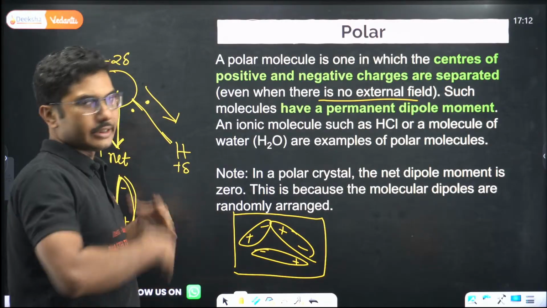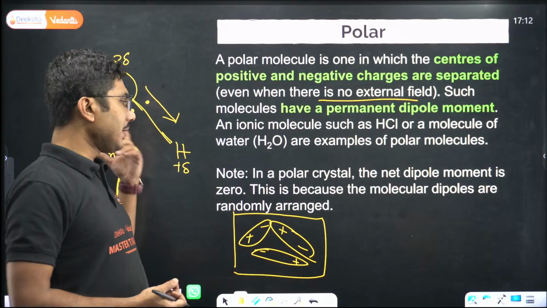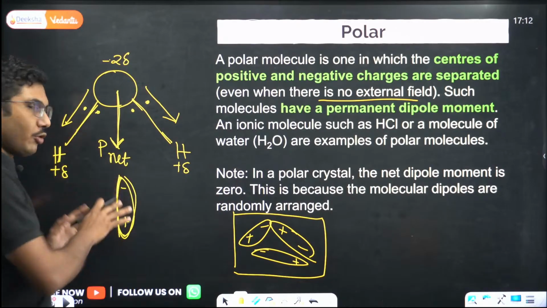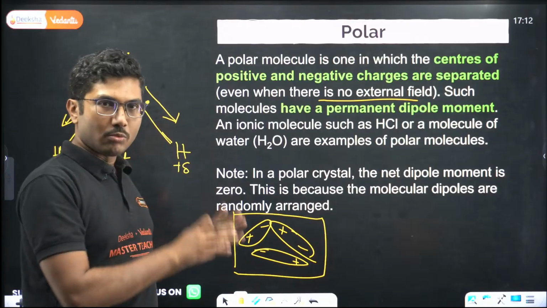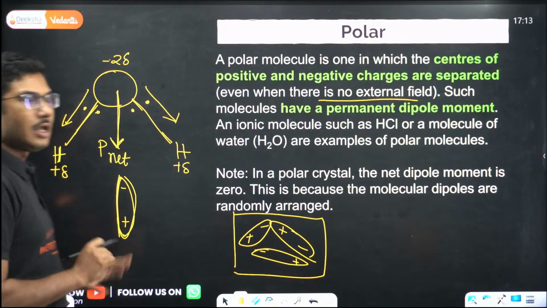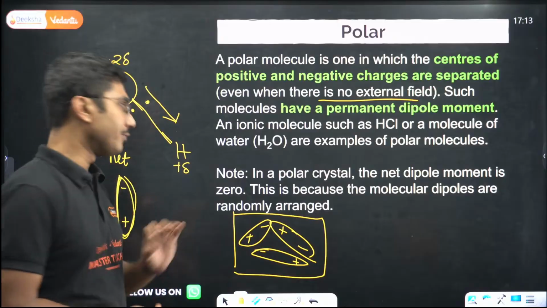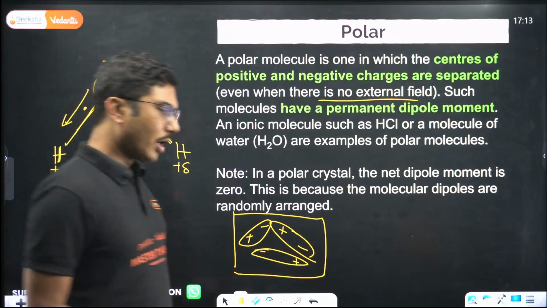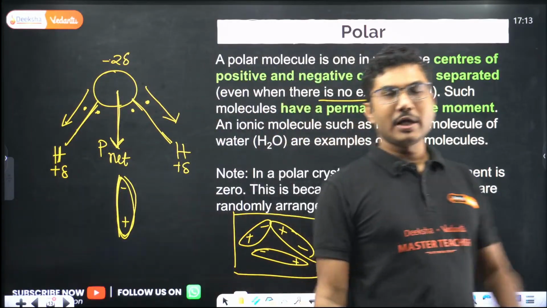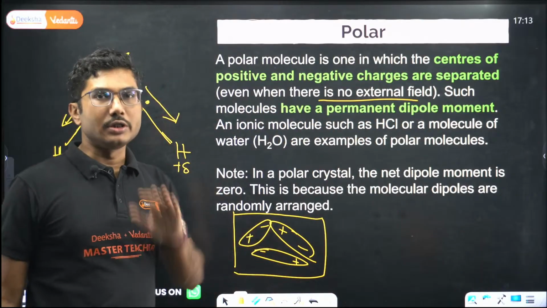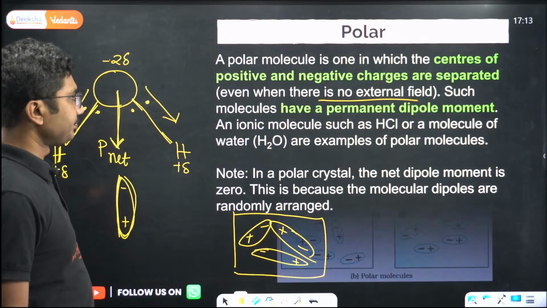At the crystal level obviously it will be 0, but at the molecular level also it is 0. But for polar, they have a dipole moment at the molecular level, but in the bulk material they still do not have any net dipole moment. For example, if you take one single water molecule, you will find the dipole moment, but if you take a glass of water, the net dipole moment will be 0. So that is the difference.